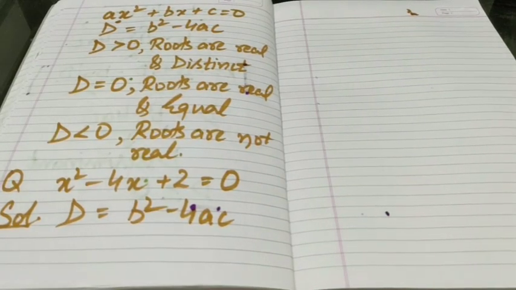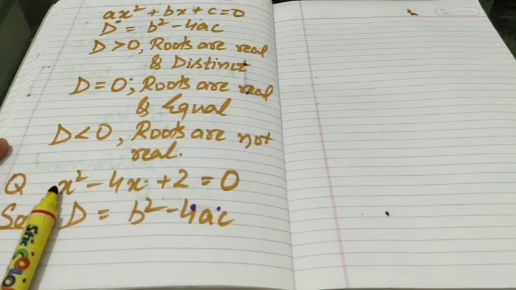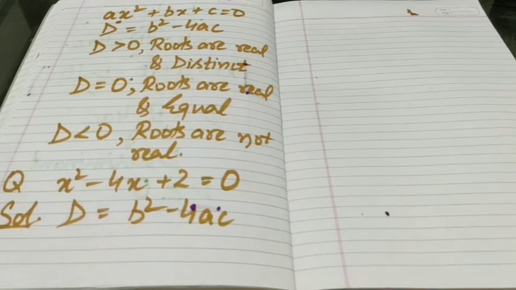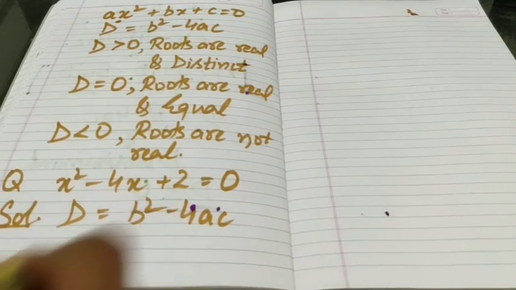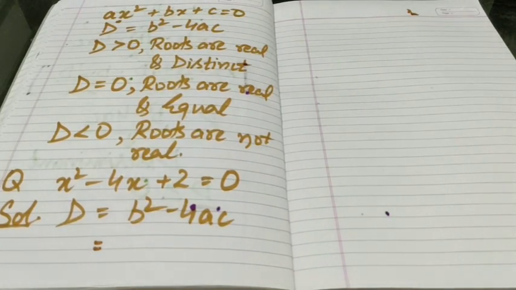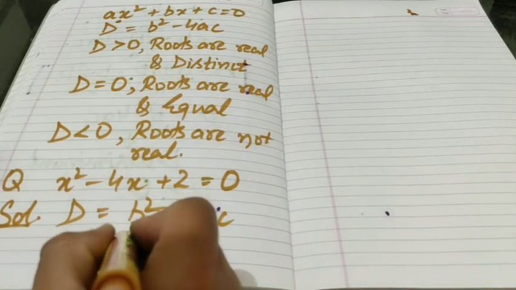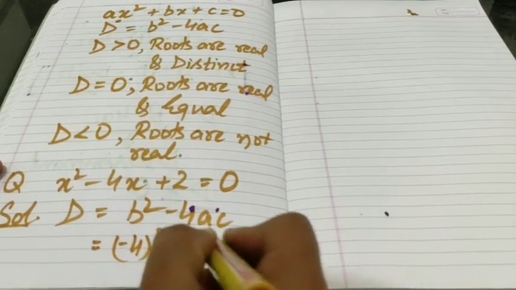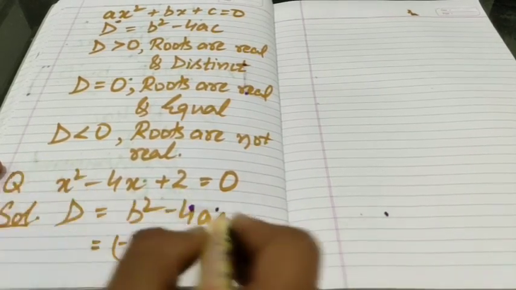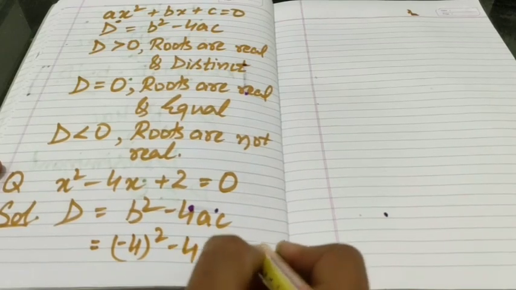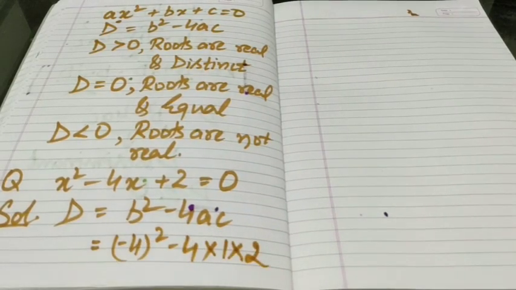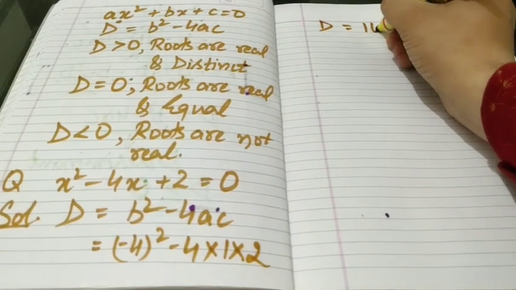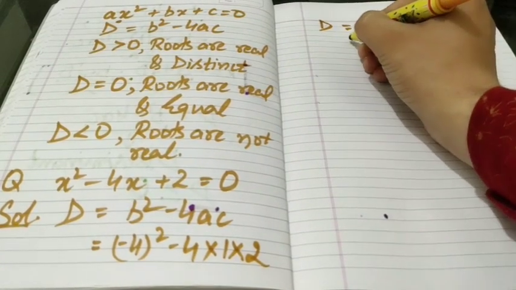We know that a is the coefficient of x square, b is the coefficient of x, and c is the constant term. By substituting the values of a, b and c, we find the value of the discriminant. So that will become minus 4 whole square minus 4 into a is 1 and c is 2. From here the value of D will become 16 minus 8, that is equals to 8.